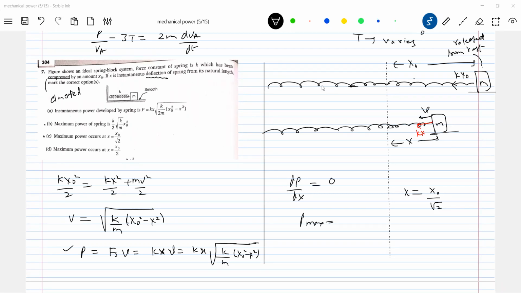Another way of expressing it: the rate at which energy is transferred from the spring to the block will be maximum at x equal to x naught by 2. This is the meaning: the energy is transferred from the spring to the block as it moves from extreme to mean, and it is maximum at this position.